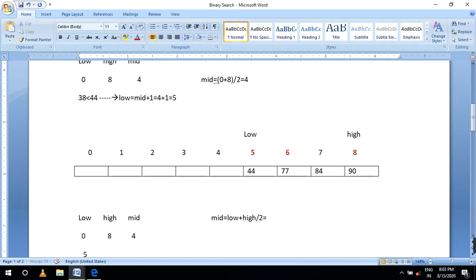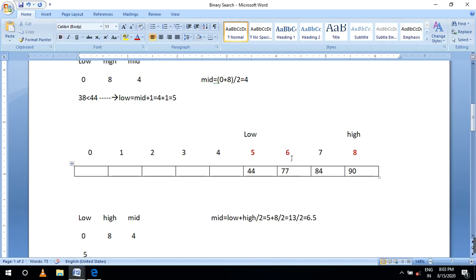So the low value is 5 plus 8, divided by 2, means 13 divided by 2, which gives 6.5, and you select 6.